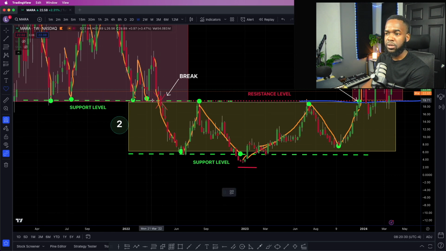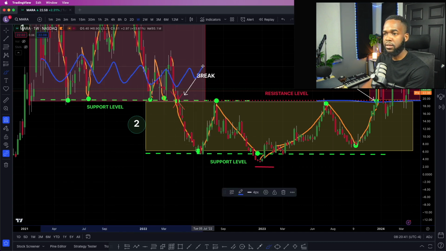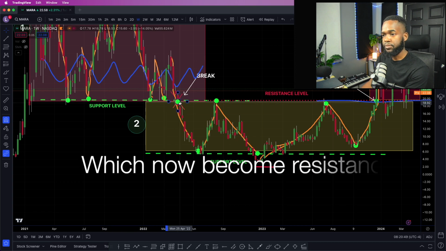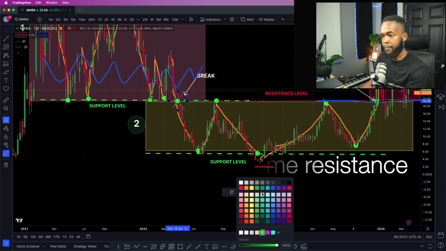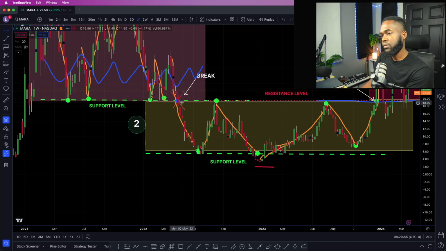Now you know price was in this area for a while, and price finally broke this support level. So now we can enter a trade here and bet on the stock to go lower.